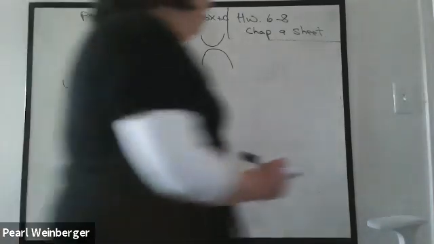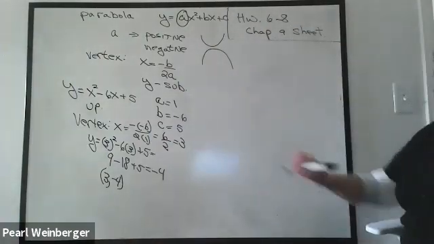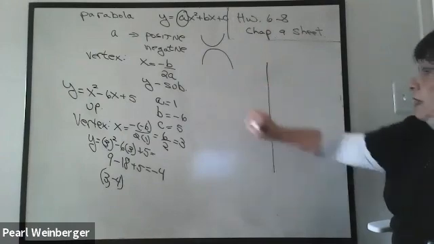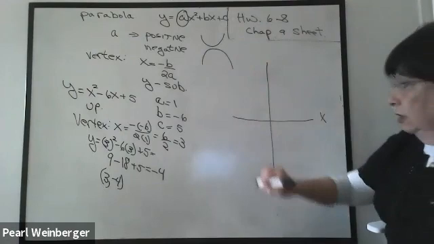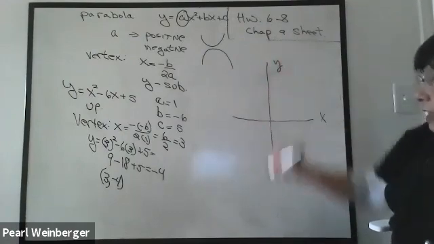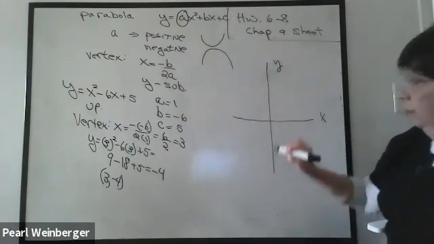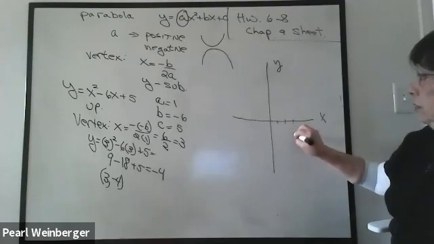So when I want to draw a sketch of this curve, I really have quite a bit of information, enough information to do a pretty good sketch. How do I do that? I go to the point 3, -4. So here's 3 to the right, 4 down.